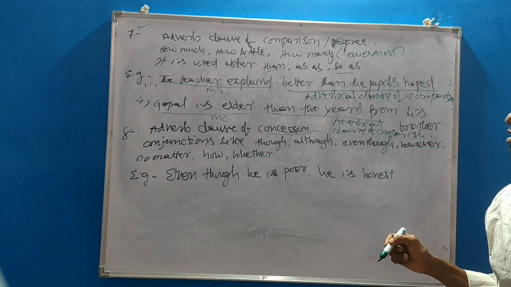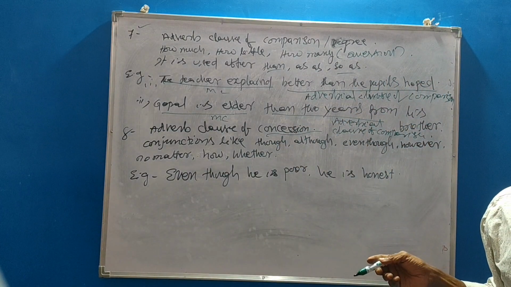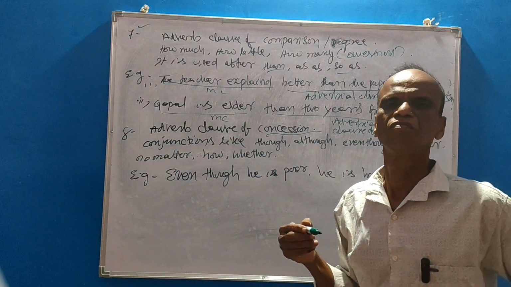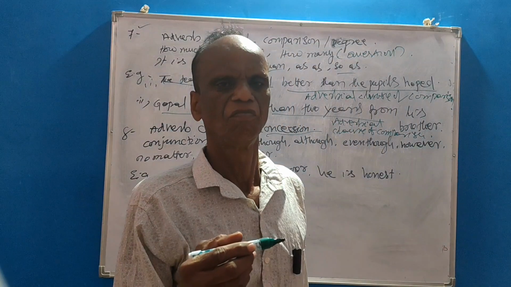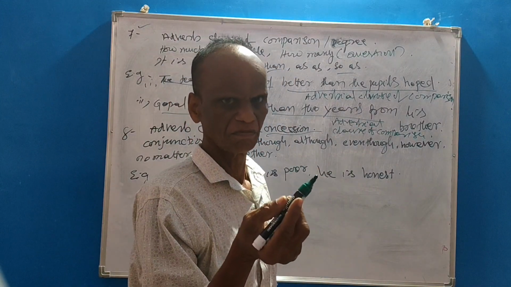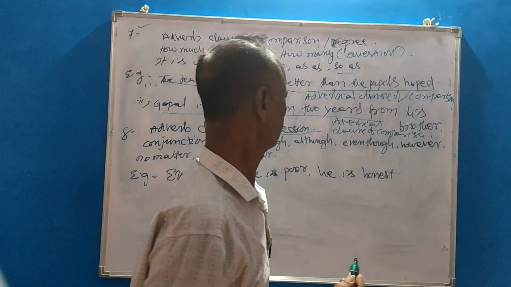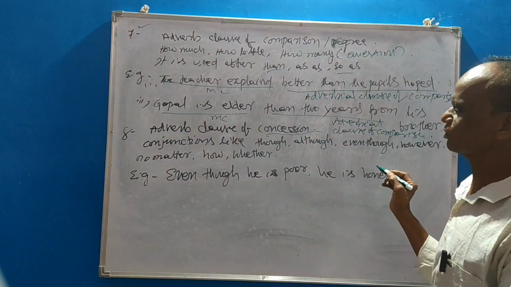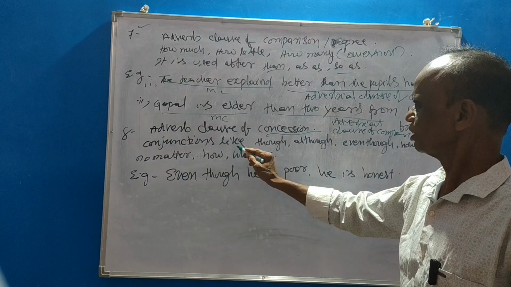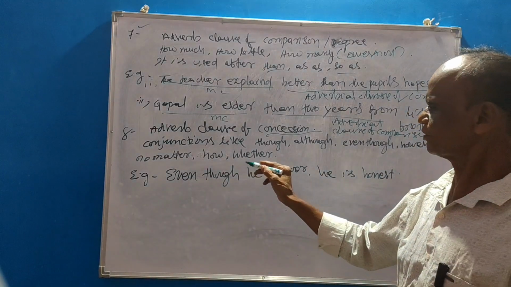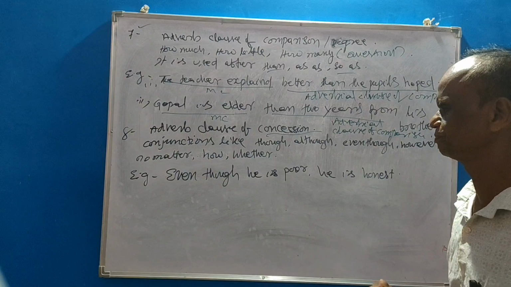Next comes adverb clause of concession. Concession means you allow something, or admit something, or give up something. In a regional language, anugrah. Conjunctions like though, although, even though, however, no matter how, whether are used.